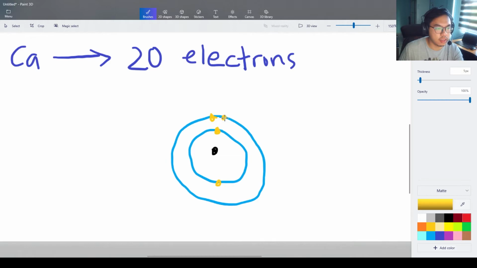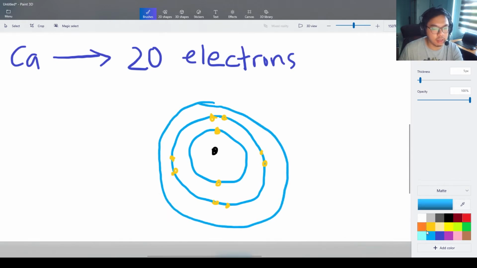You then move on to the second shell and fill it in. So you have 1, 2, 3, 4, 5, 6, 7, 8, 9, 10. Okay, now it's full. Move on to the next shell, which is the third shell, because the second shell is full. We have 10, and then continue 11, 12, 13, 14, 15, 16, 17, 18.